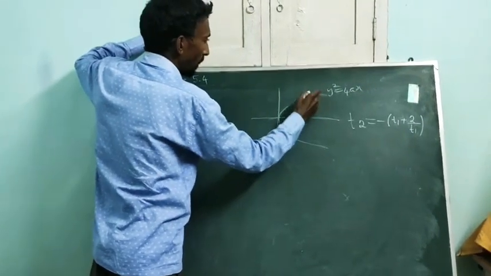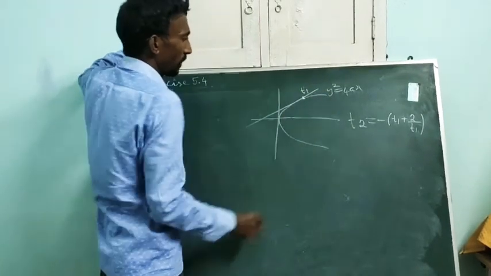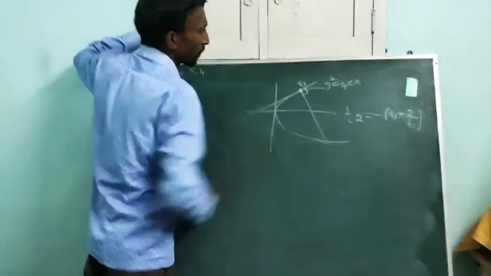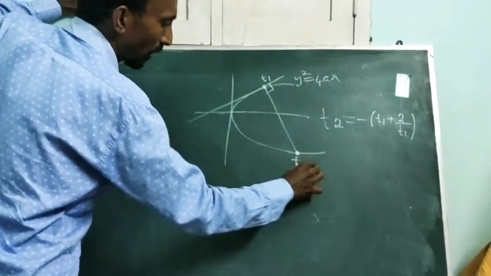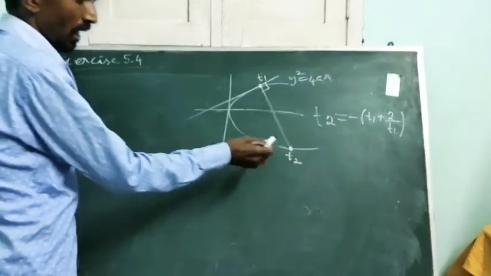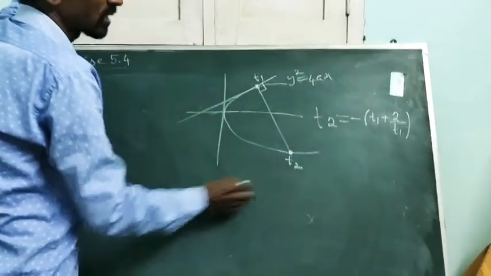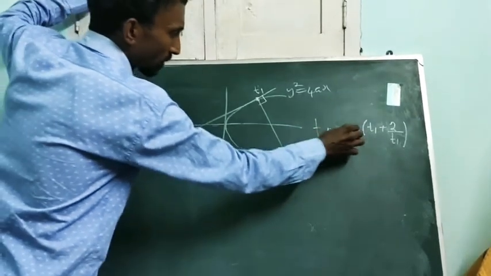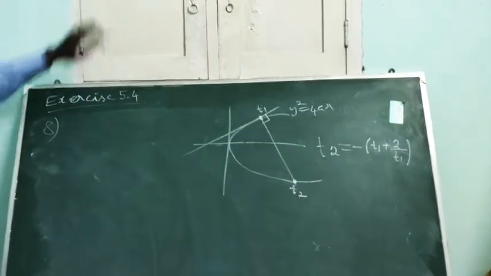At the point t1 we are drawing the tangent, and simply we are drawing the normal at the point. Normal means perpendicular. Again that normal meets the curve at t2. So t2 is also a point, and the relation between t1 and t2 is what we must prove. Our aim is to prove t2 is minus of t1 plus 2 by t1.